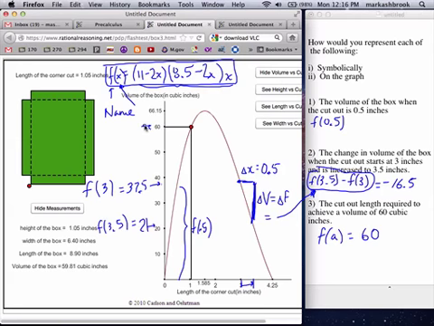So how do we represent the cutout length? Where in this picture represents the cutout length that gives me that volume of 60? Right here. From here to here. This is my value of A. That cutout length right there is going to give me this volume of 60.